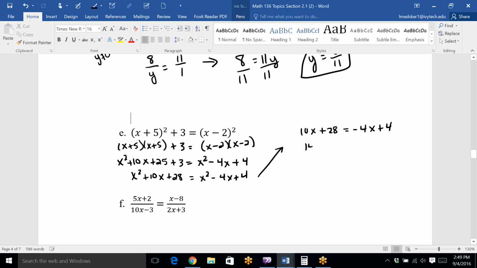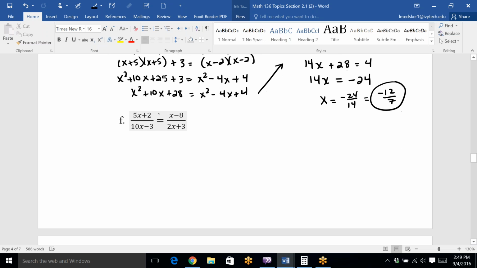I would add 4x over, so that makes this 14x plus 28 equals 4. I would subtract 28 from 4, so that would give me negative 24. And when we divide by 14, we get that this is negative 12 divided by 7 when we reduce the fraction down.